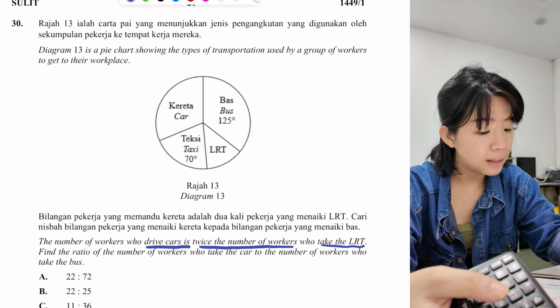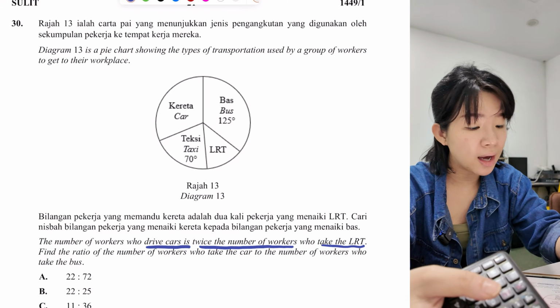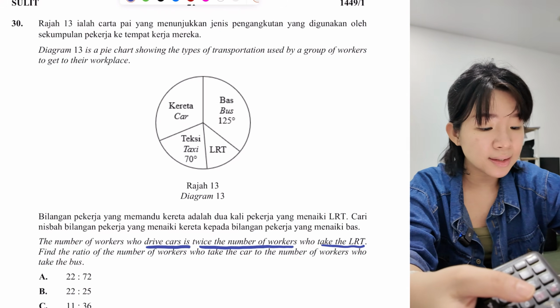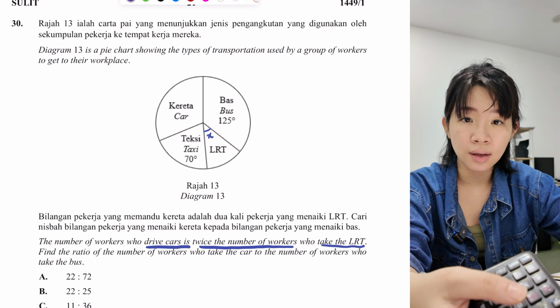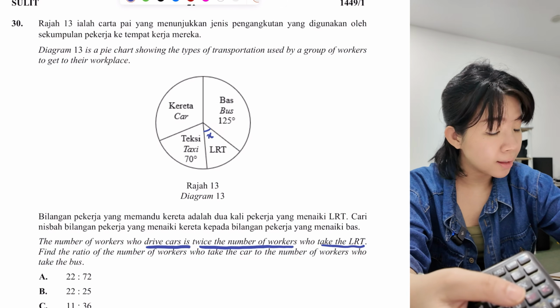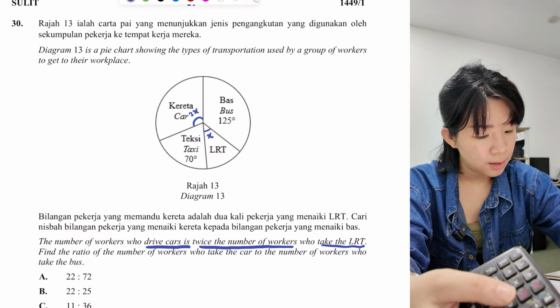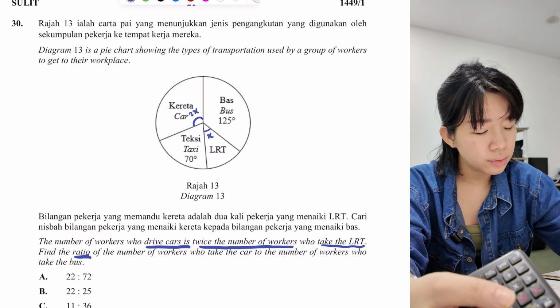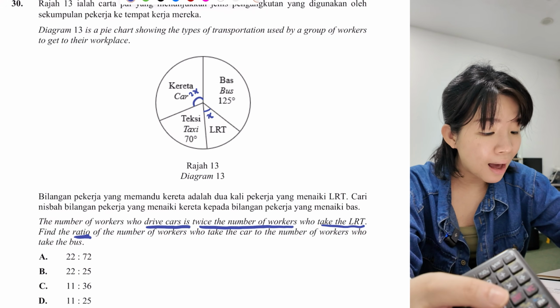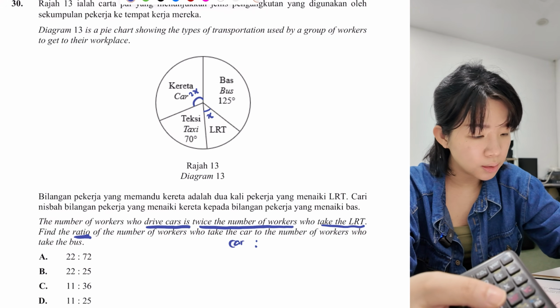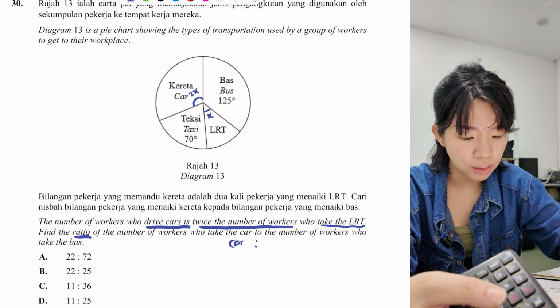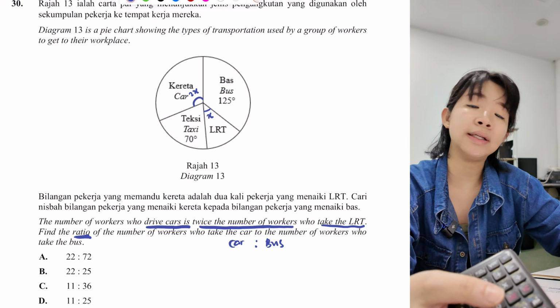So let's say if LRT is x, the number of car is twice, correct? So it will be 2x. At the end we need to find the ratio of workers who take car to the number of workers who take bus.